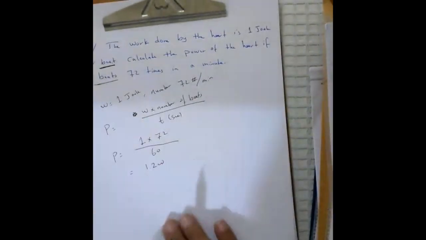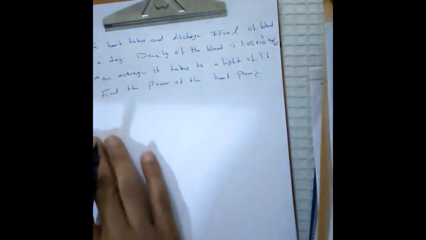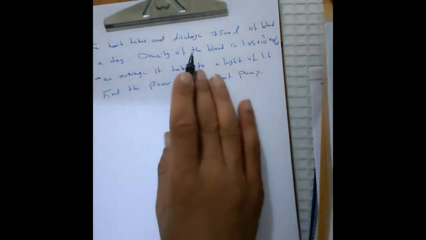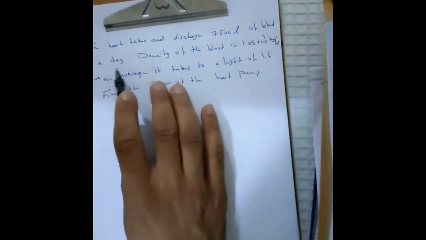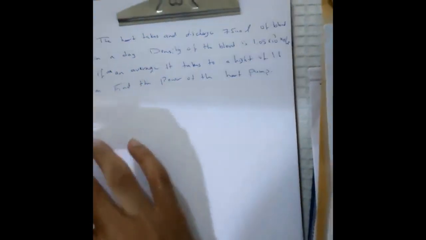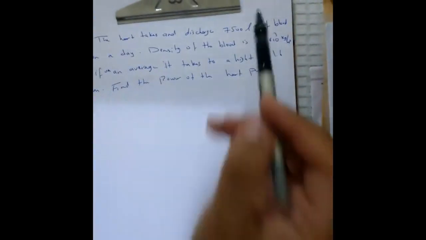Alright, simple, straightforward. Now, the next example is that the heart takes and discharges 7,500 liters of blood in a day. He didn't mention beats, so that means there is no number of beats, so our number of beats will be equal to 1.